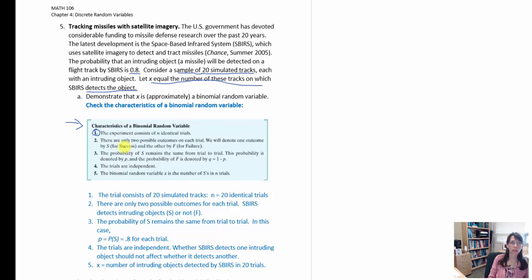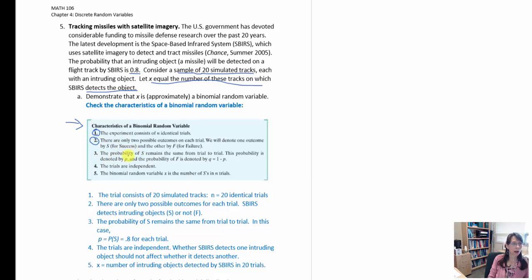So what we're actually testing or tracking is the number of tracks on which SBIRS detects the object. So either the object is detected or it is not detected.